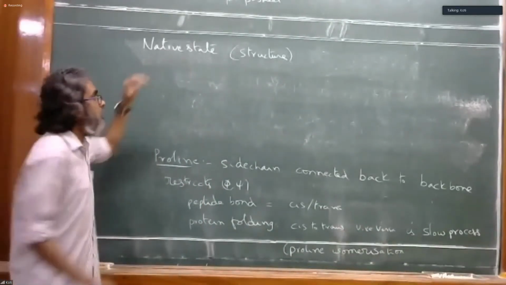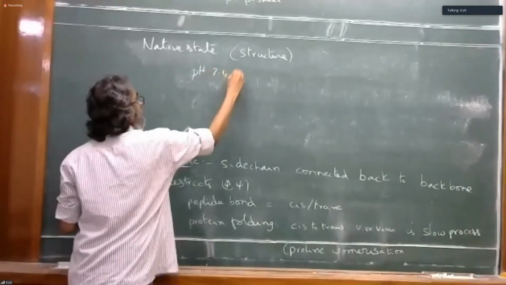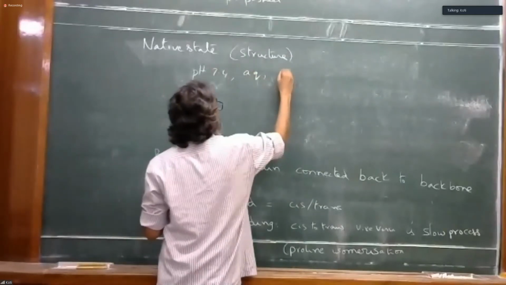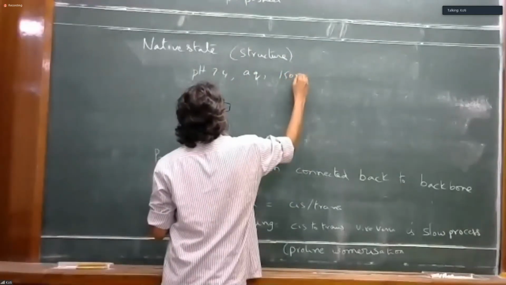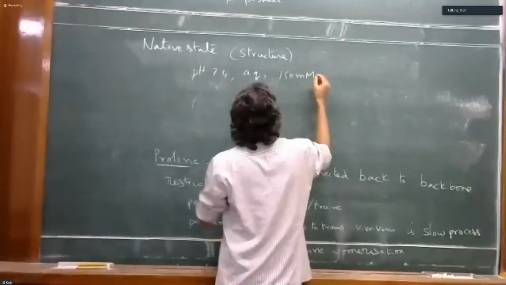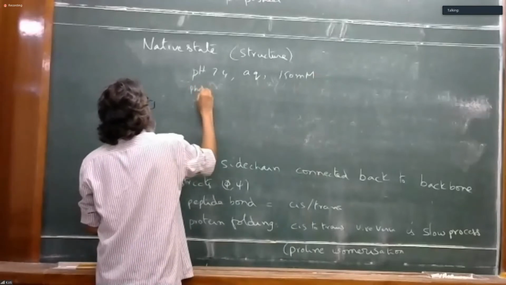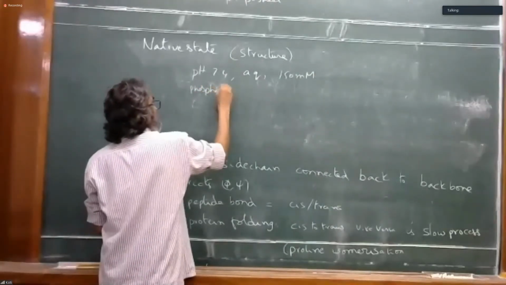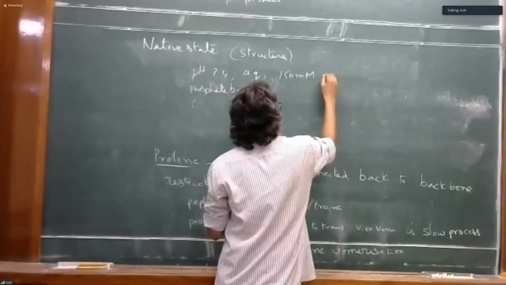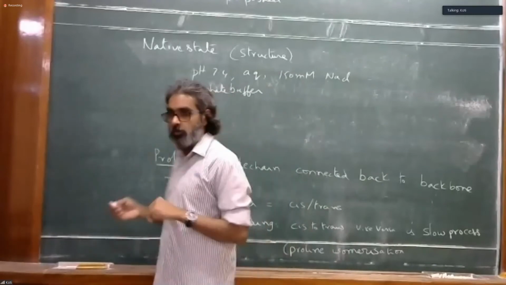Because this is at pH 7.4, aqueous, obviously, and then salt conditions are equally important. Phosphate buffer, aqueous, obviously, sodium chloride, etc. So these are the conditions, of course.